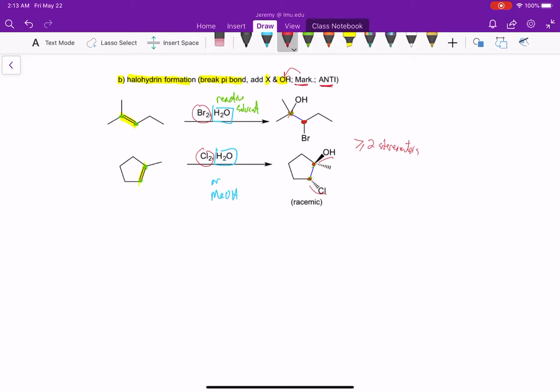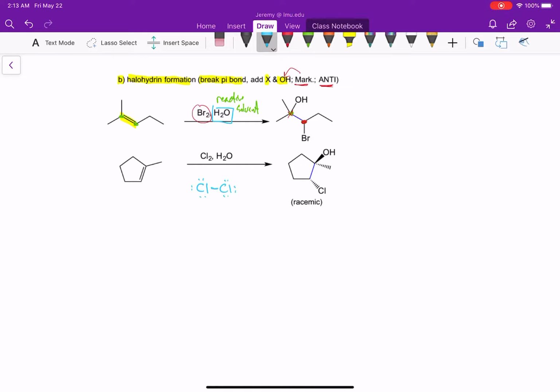So now let's work through the mechanism so we can see that. And this mechanism is going to be very, very similar to the mechanism in 7A, all right? So let's clean this up a little bit and work on our mechanism. The first steps are going to be the same as we saw in 7A. I'll take my halogen, right? Each chlorine has 3 lone pairs.